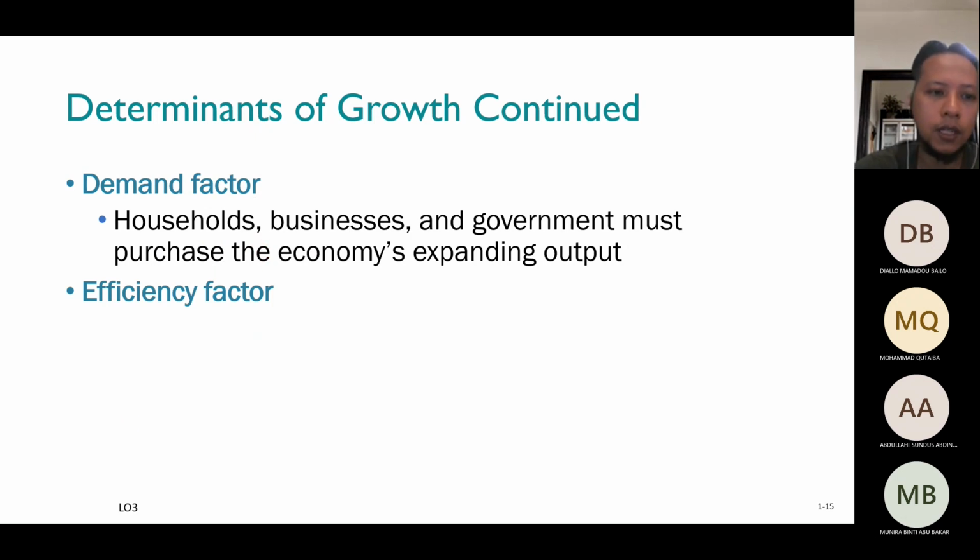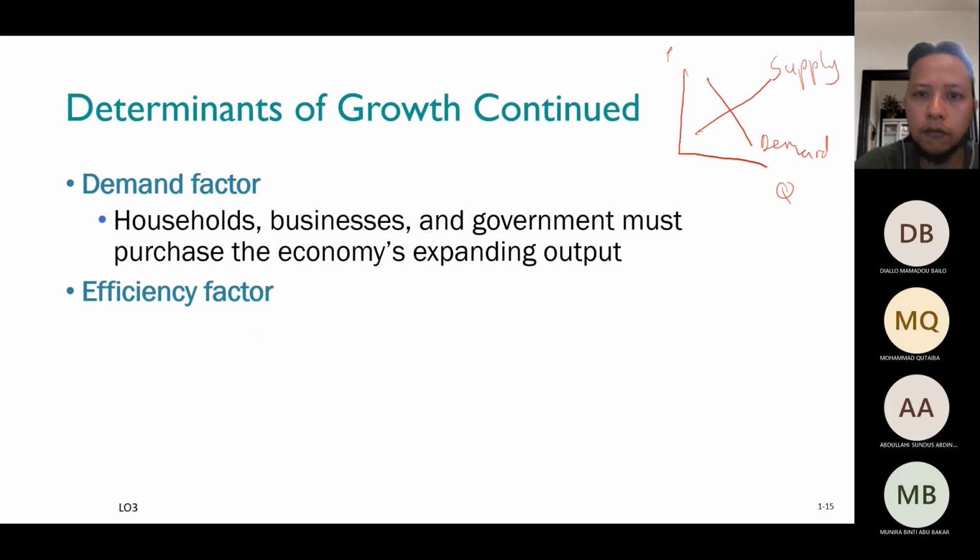We have the supply, with the price and the quantity, and now how about the demand? If we have a higher demand, then we can have a higher output quantity. This depends on the households, the businesses, and the government.